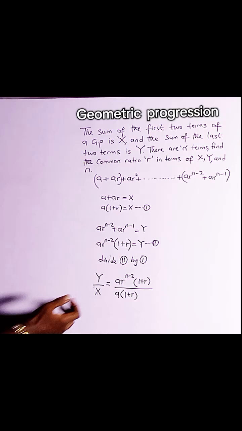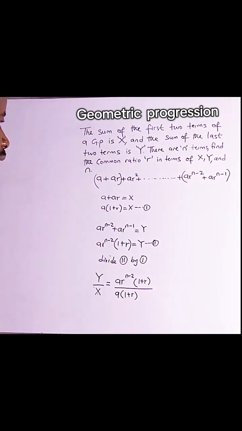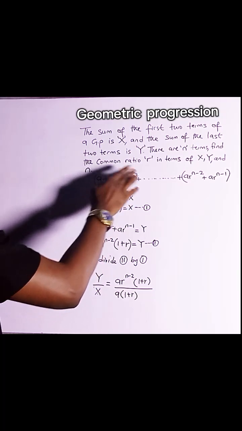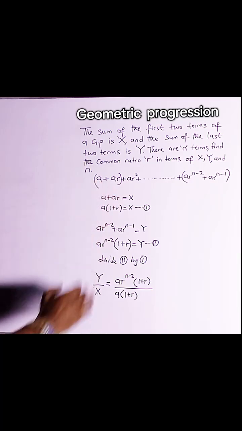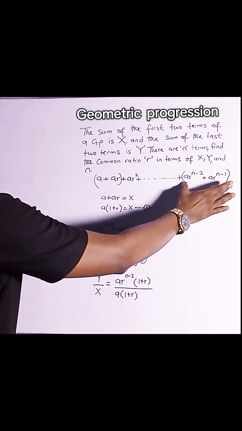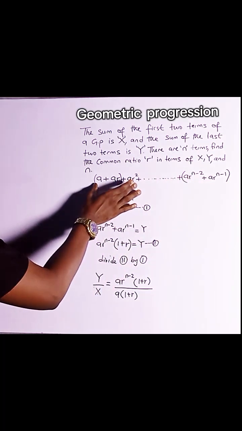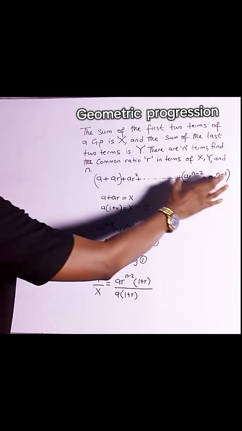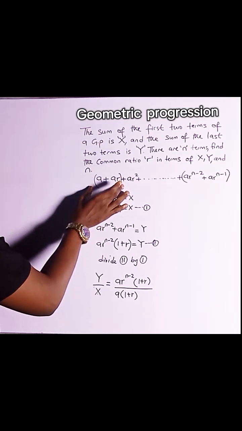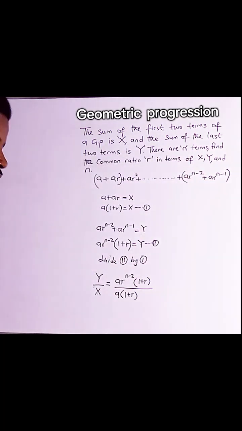Now, the common ratio is usually the second term divided by the first term, or the third term divided by the second term. So we're going to use the sum of the last two terms divided by the sum of the first two terms, not the other way around. Is that okay?